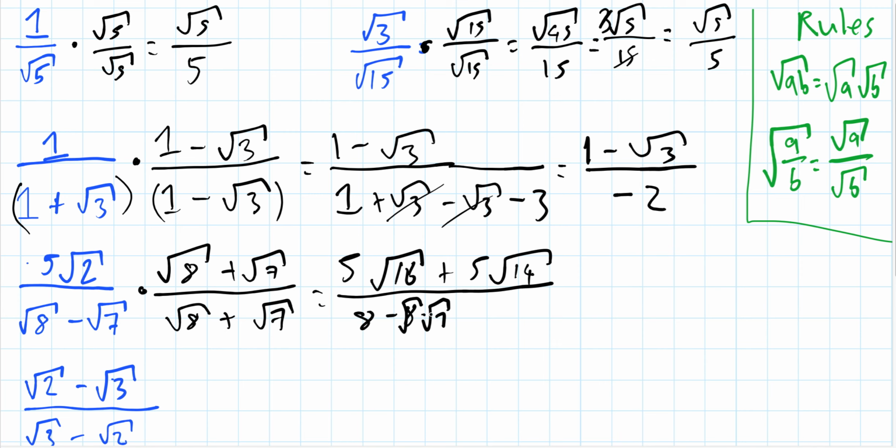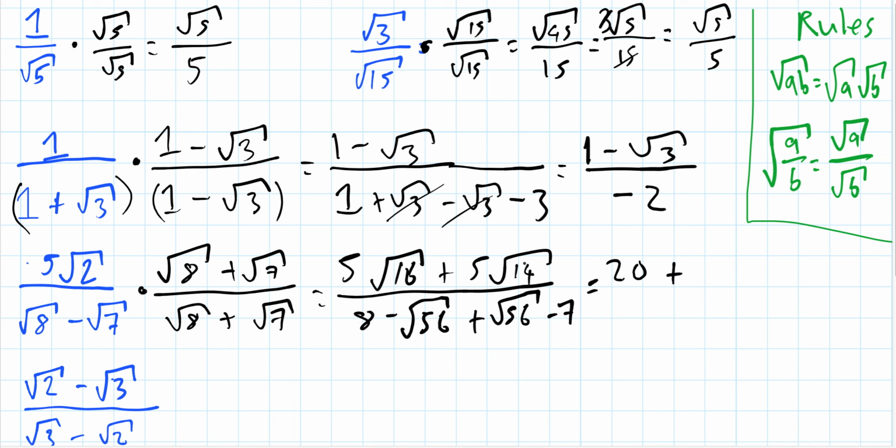Oh, I could have just done 8 times 7, 56 plus square root 56 minus 7. Okay, so that equals, because square root 7 times square root 7 is 7. So the top, square root 16 is 4, 5 times 4 is 20.